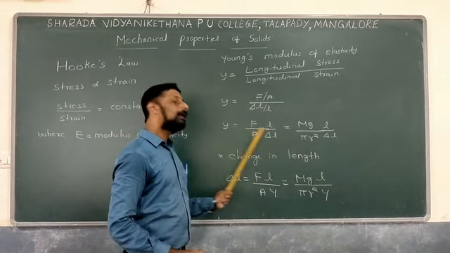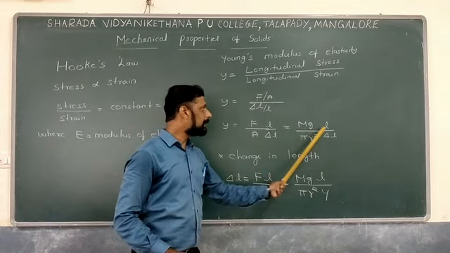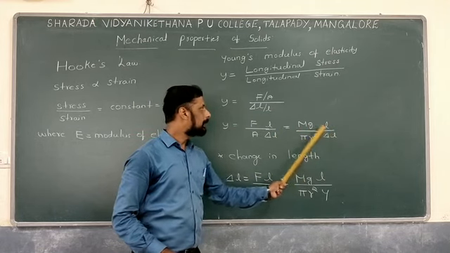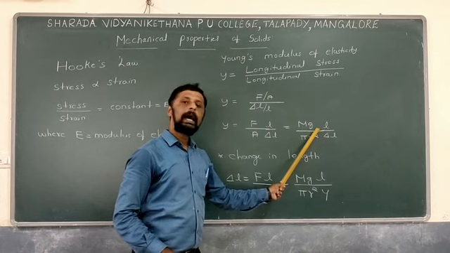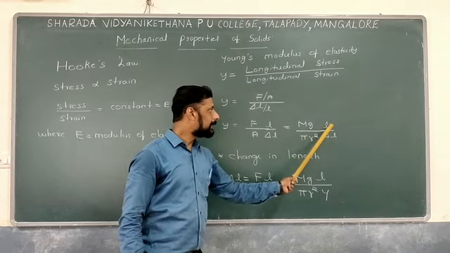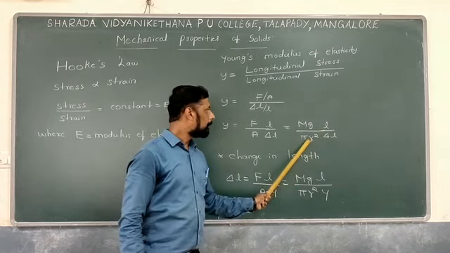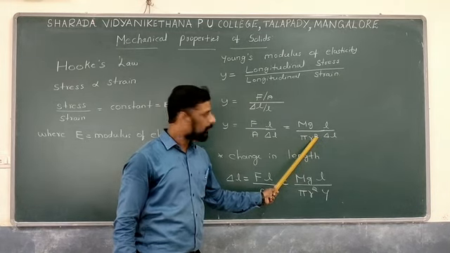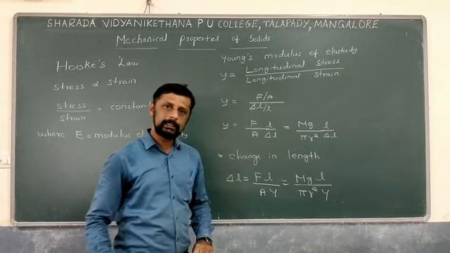Young's modulus formula can be written as Y is equal to mgL divided by pi r square into delta L. Here M is mass, G is acceleration due to gravity, L is original length, pi r square is the area where r is the radius of the wire, and delta L is the change in length.